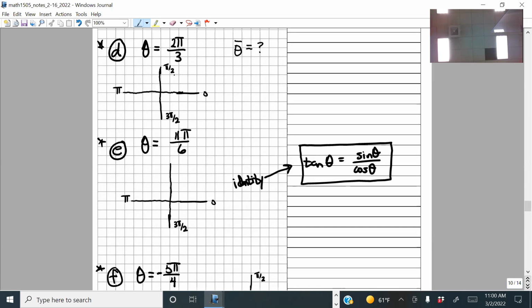We just did this a moment ago, so you should remember that. Anyway, you can check your answer with your table, because 2 pi over 3 is in that table.